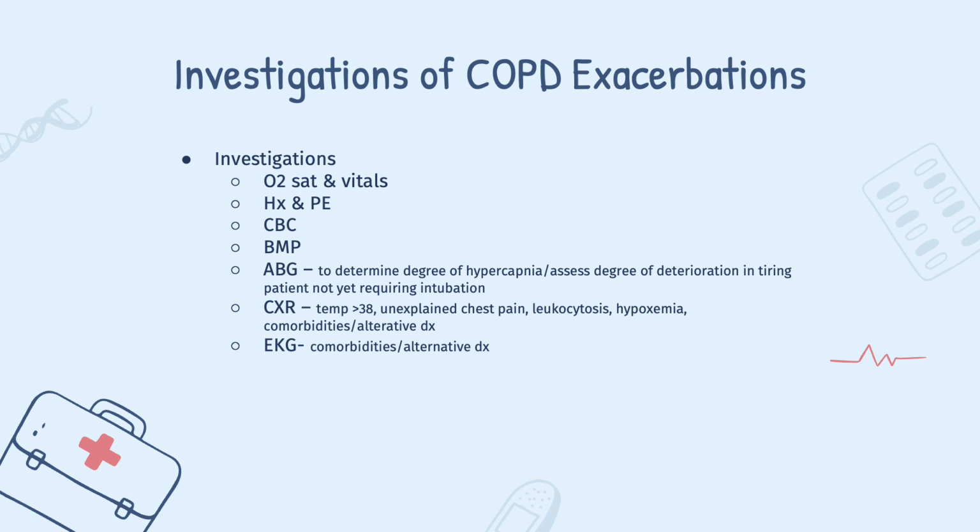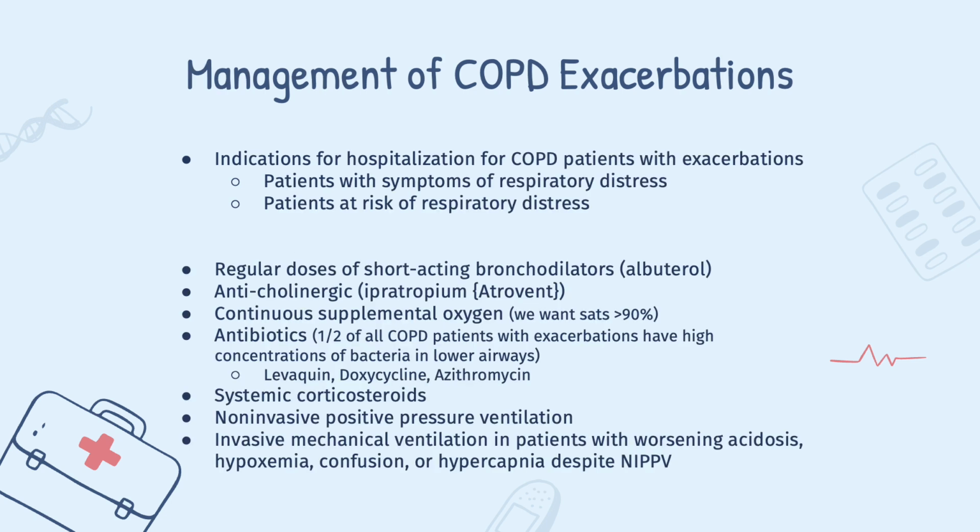Remember, these are CO2 retainers, so they may be living very normally at 90% sat, so keep that in mind. Chest x-ray, certainly looking for signs of pneumonia or any comorbid or alternative diagnoses. And then EKG, again looking for any comorbid conditions or alternative diagnoses.